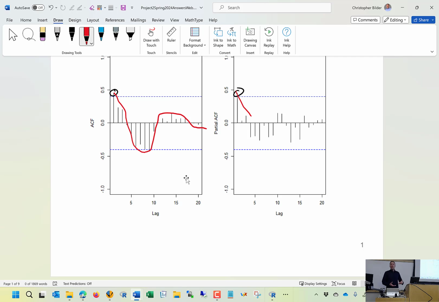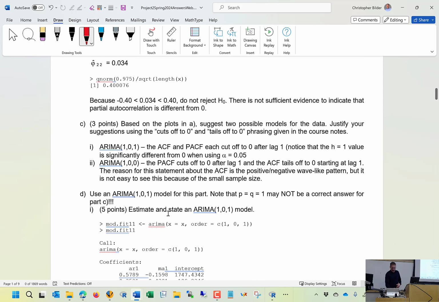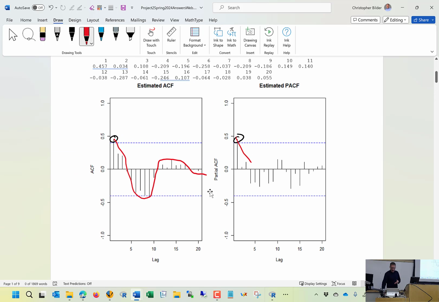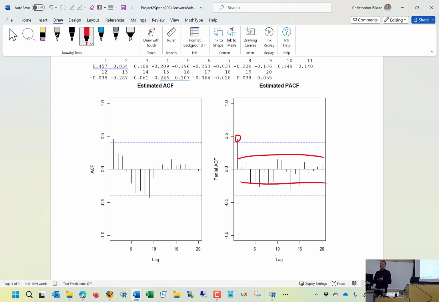Now, that's one possible interpretation. It is definitely not a perfect one. Another possible interpretation is that the PACF plot cuts off to 0 after lag 1. Again, we have this somewhat borderline significant value there, and then essentially after that, everything's not significantly different from 0.